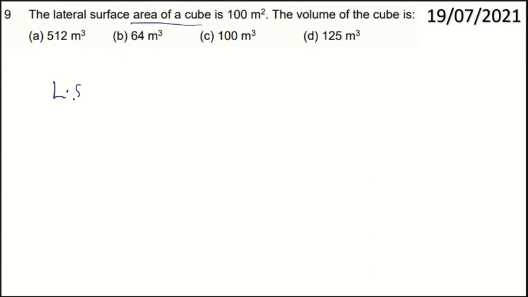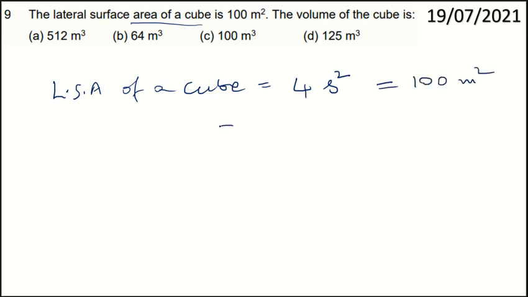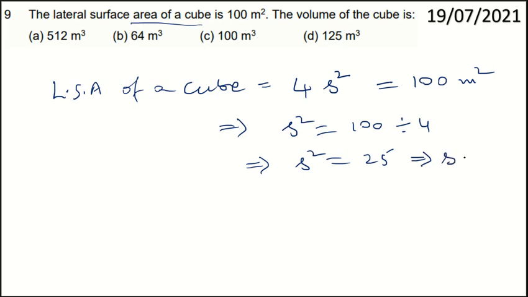The lateral surface area of a cube is 4 times the side square, which equals 100 meter square. On simplification, s square equals 100 divided by 4, which is 25. So, s square is 25. It implies the side is 5 meter.